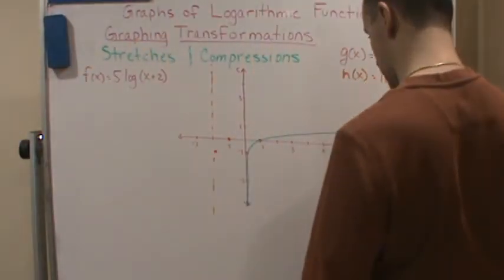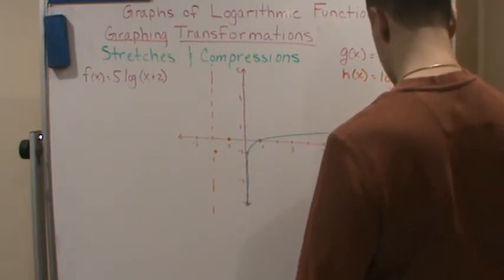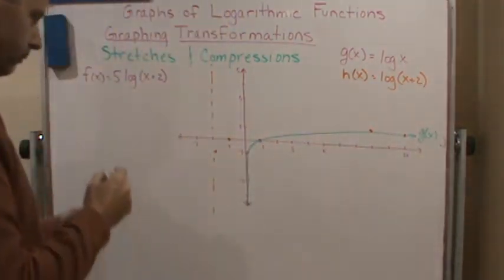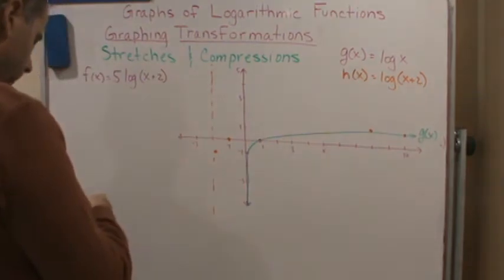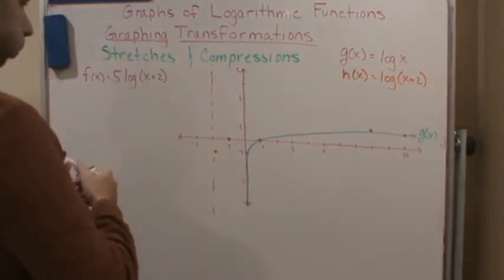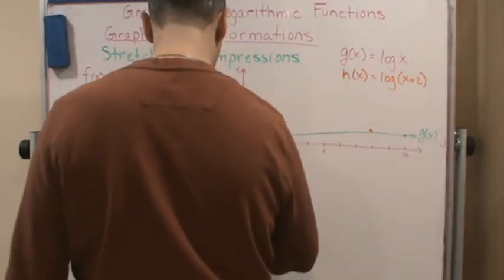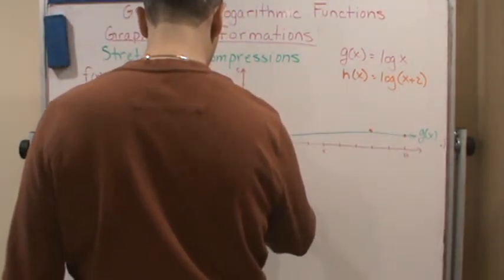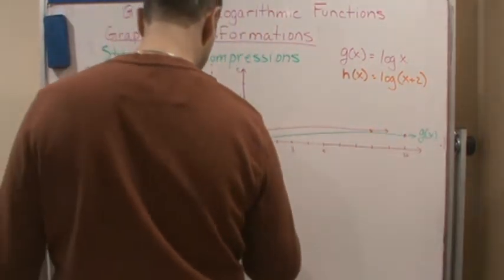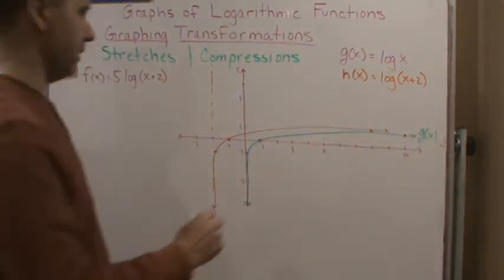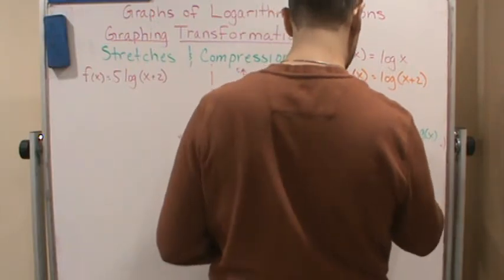So this is going to go to here. And now this one goes like this. Okay, so now here's h of x.